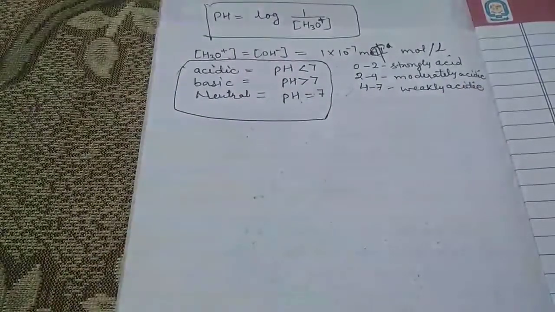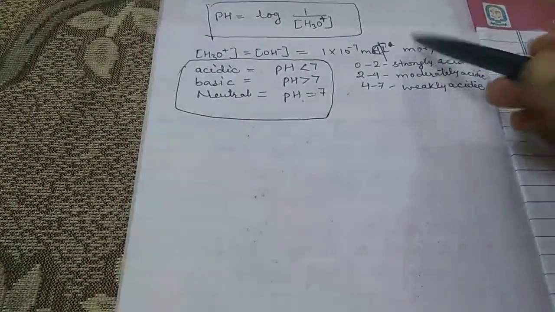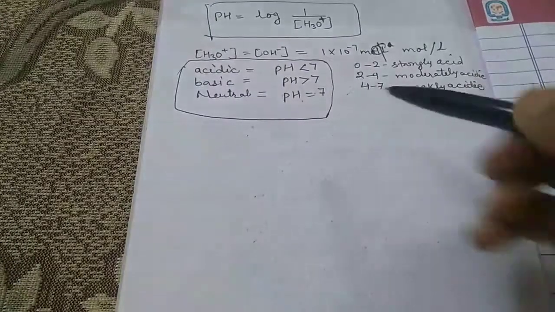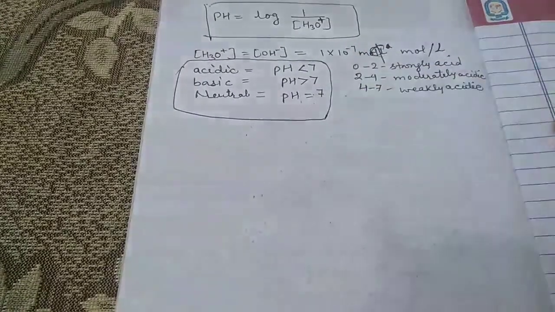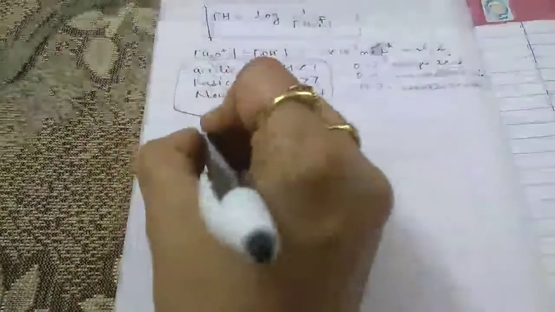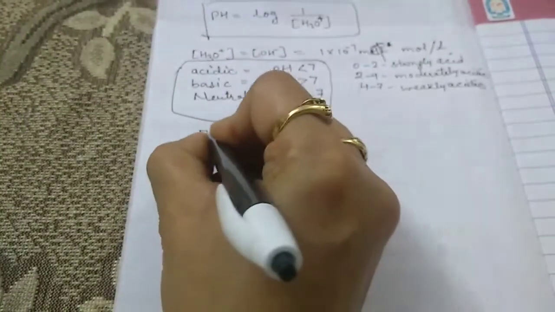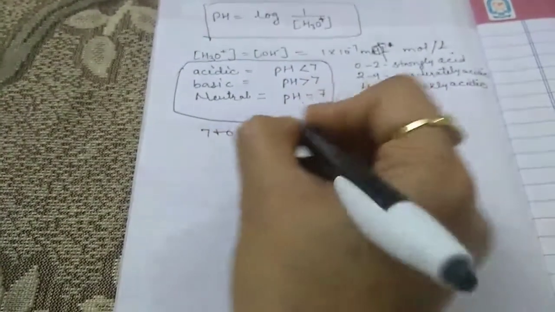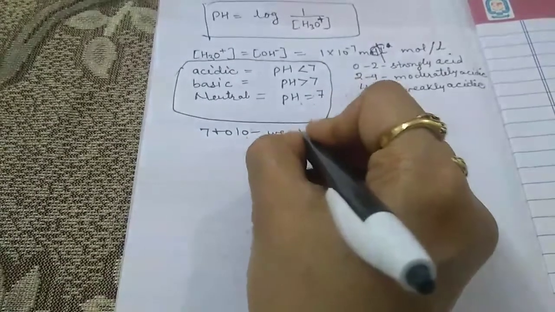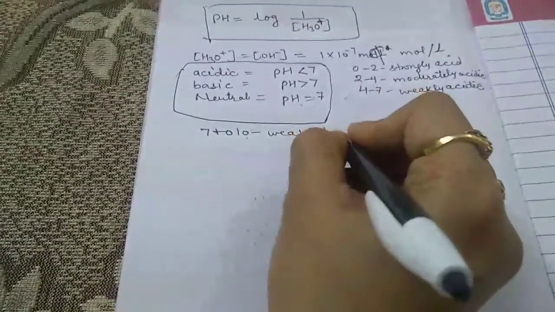The pH between 7 to 10, they are weakly basic.